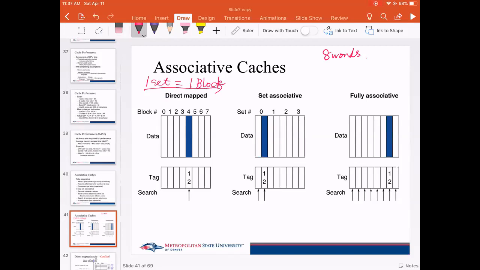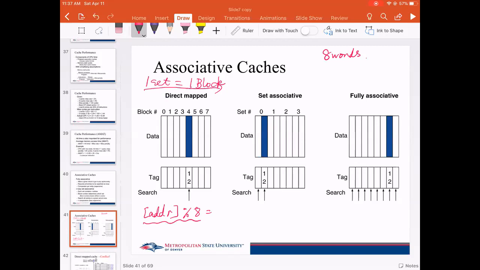So any address modulus 8, if they equal the same number, they map to the same location. Like the 0 and the 8 will map to the same location. The 1 and the 9 will map to the same location. So addresses with the same result modulo 8 will all map to the same location.